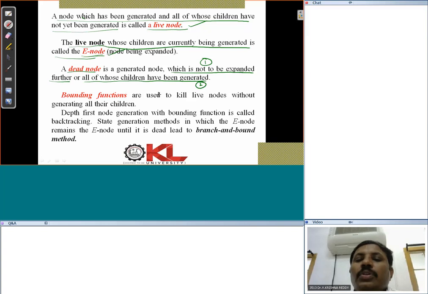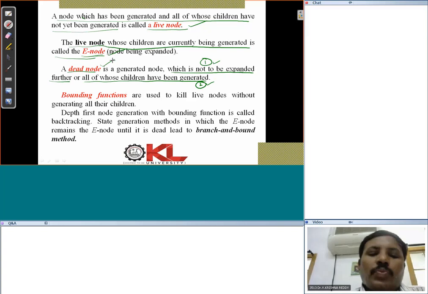Or there is no possibility of expansion from this node, because it's a kill node. Based on the bounding function, it is not possible to extend from the particular node. Or all the possibilities are expanded. That we call a dead node.